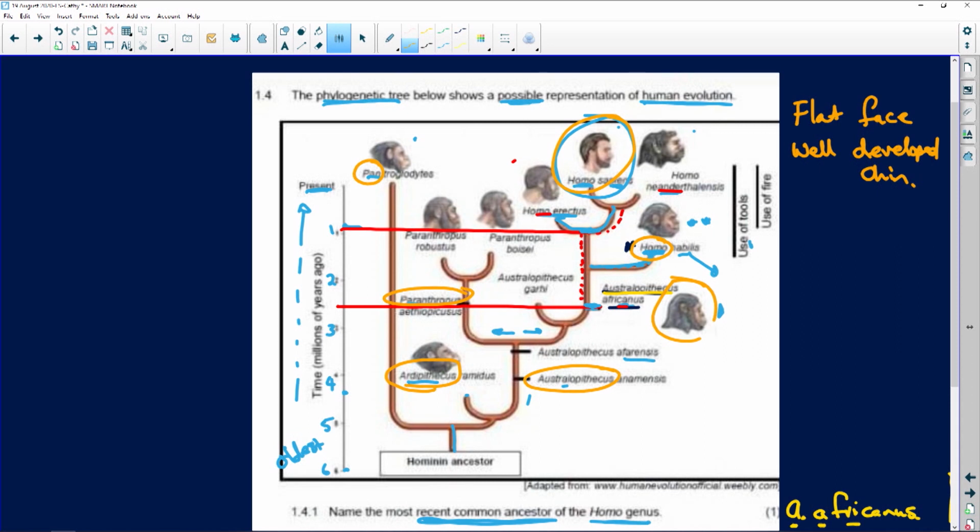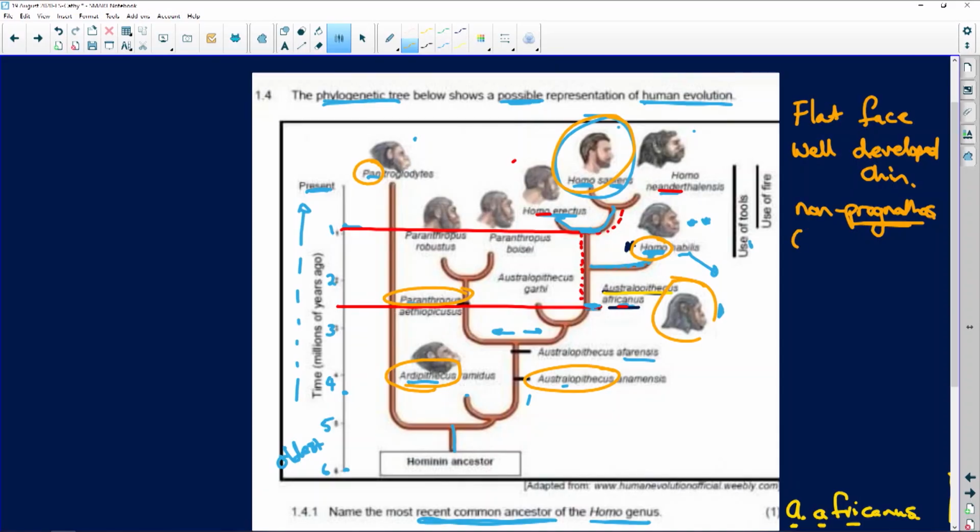You can see it's non-prognathous. And what does prognathous mean? You must know what non-prognathous means. It means a protruding jaw. So if it's non-prognathous, it has no protruding jaw. You could just say a jaw doesn't protrude.